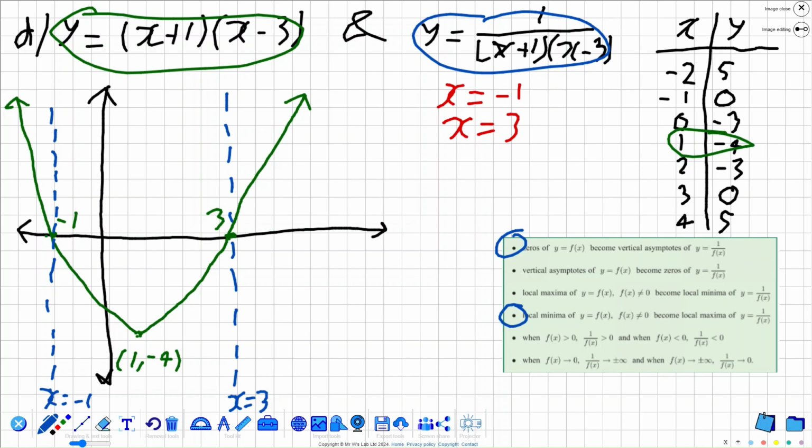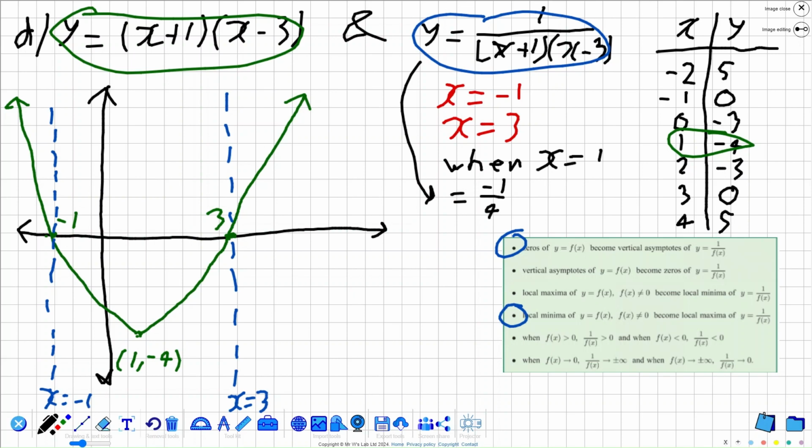So we know it's going to be along the x = 1 line. What we can do is input that into the function. If we put x = 1 into that, we'll get 2 times -2, which should give us -4. So when x = 1, that equals -1/4.